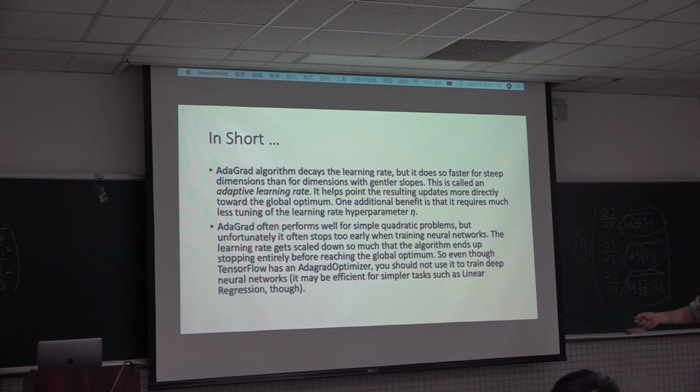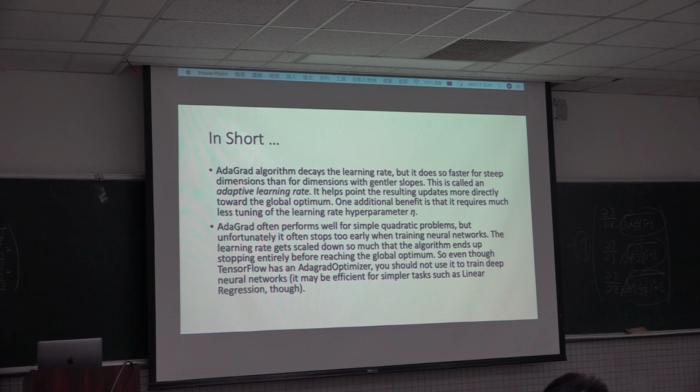So this is called adaptive learning rate. It is going to automatically adjust the learning rate for you, depending on how quickly each dimension of the gradient changes. One additional benefit is that it requires much less tuning of the learning rate parameter.